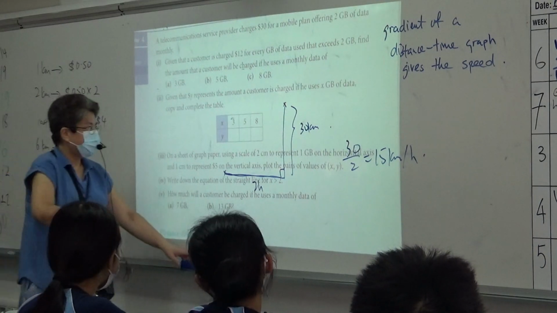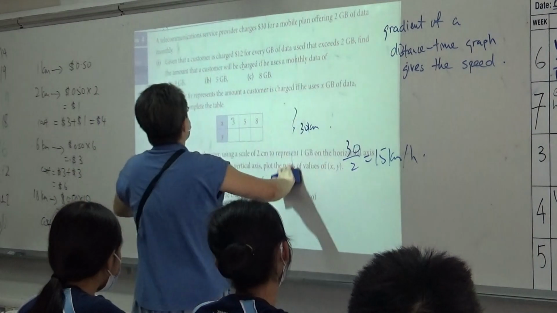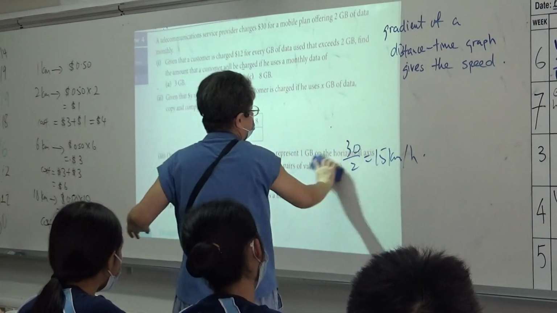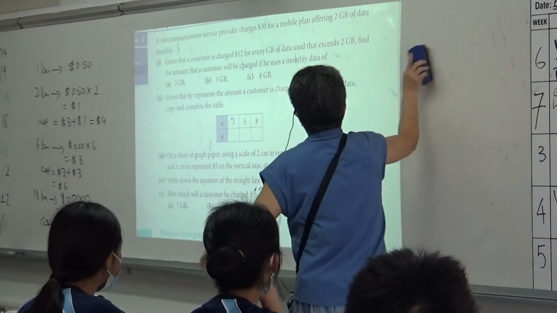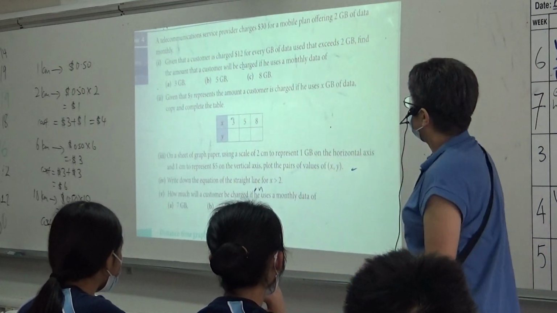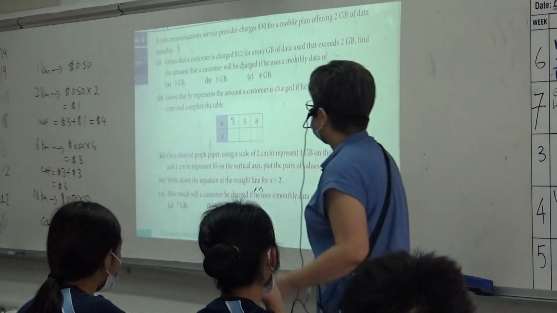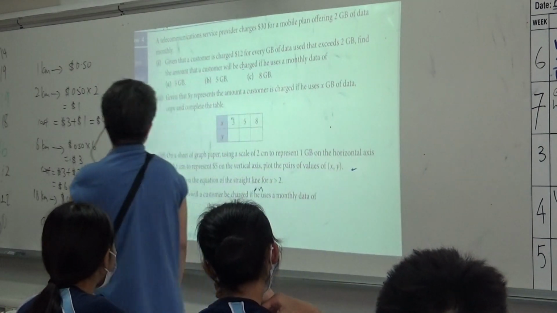Okay. A telecommunications service provider charges $30 for a mobile plan offering 2 gigabytes of data monthly. Okay?